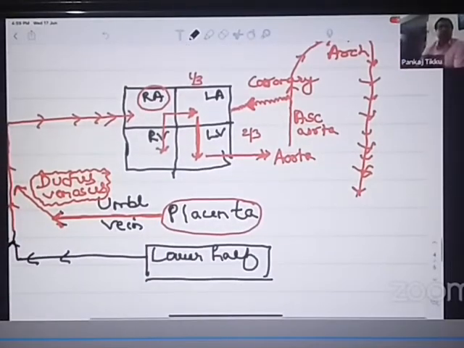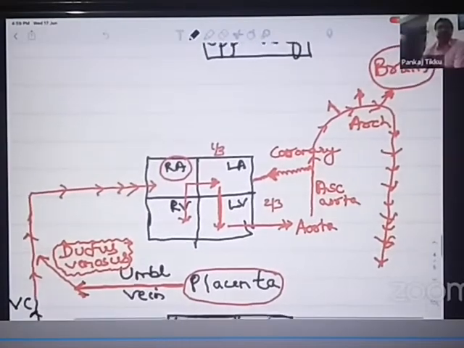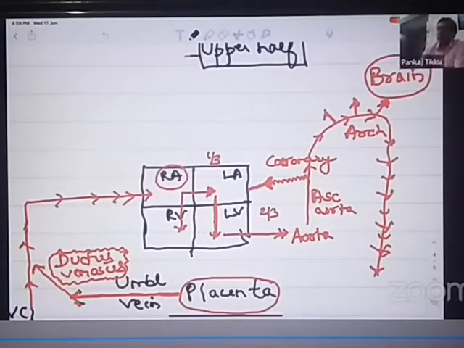Now lower half of the body, blood is entering into the inferior vena cava. Upper half of the body, as happens in our body also, blood enters into the superior vena cava. So this is the superior vena cava, and this blood will enter into the right atria. In our body also it enters into the right atria. Here also it will enter into the right atria.